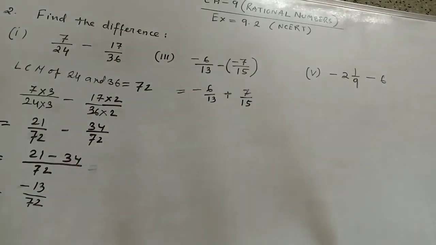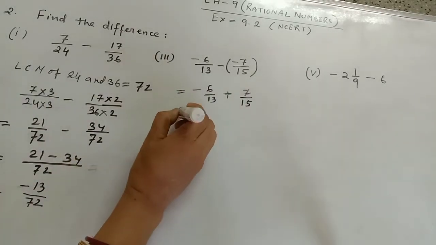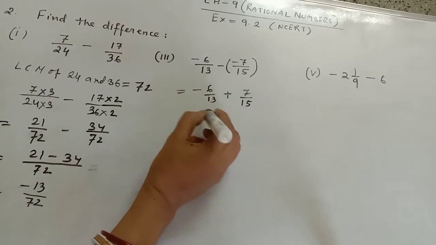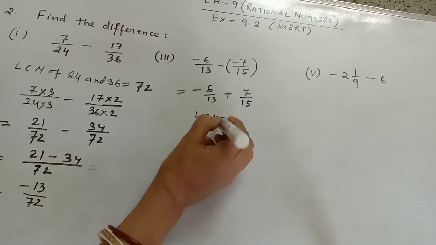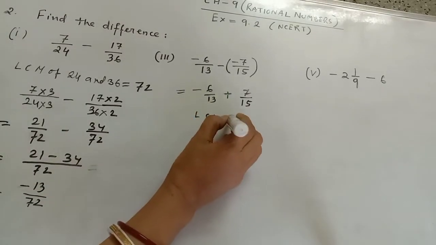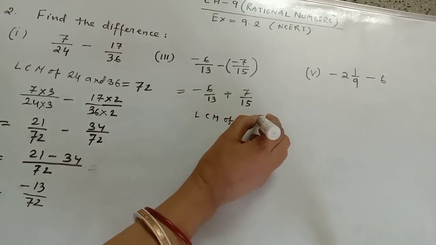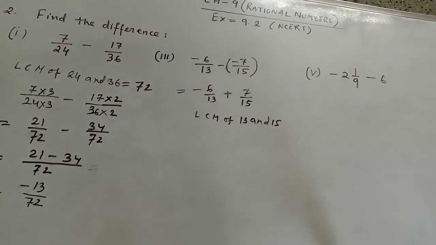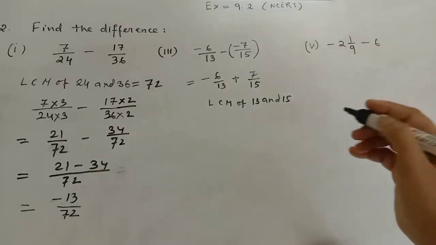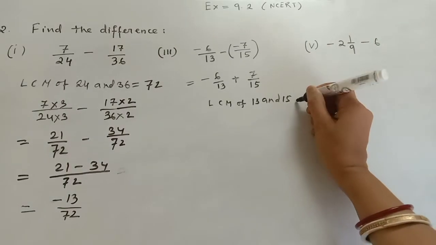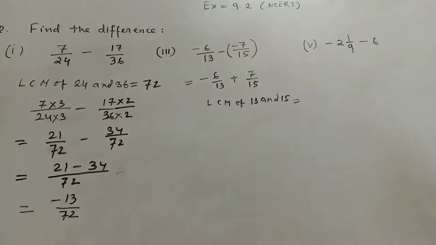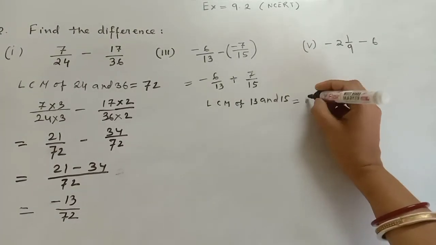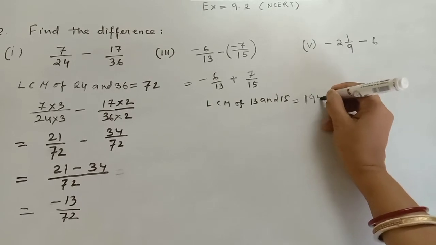After this, the LCM of 13 and 15: they don't have any common factors, so the LCM of 13 and 15 is 195. You have to multiply these two numbers, it will be 195.